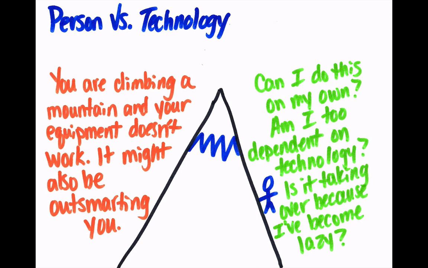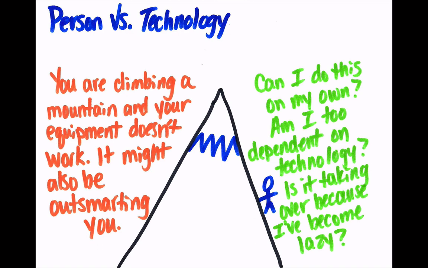Then we can move to person versus technology. I do want to say that a lot of times in science fiction, the technology is a lot more concrete, like it's actually robots and things like that. But in this particular example, you are climbing a mountain and your technology, which in this case is your equipment, doesn't work. It might even be outsmarting you.